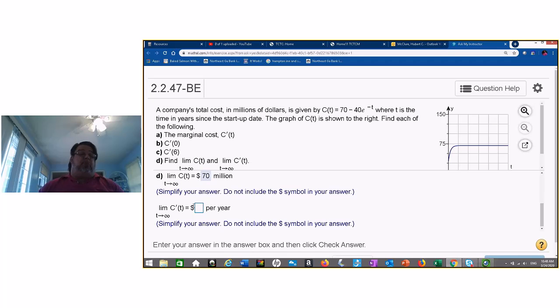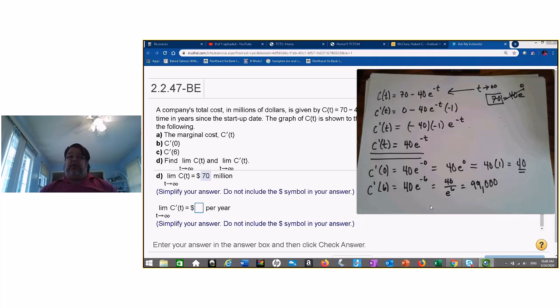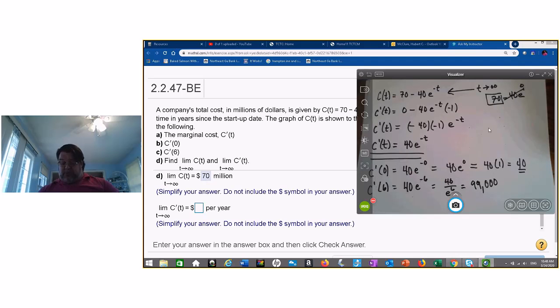Now do C prime of t. I'm going to pull it up. I'll do it right here. I'll do it in blue.